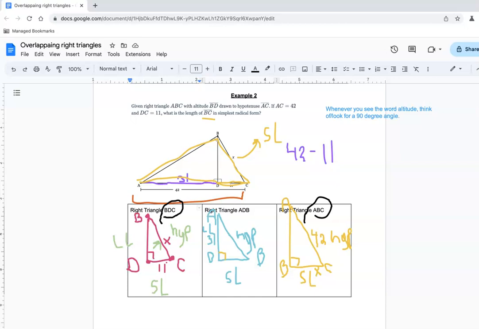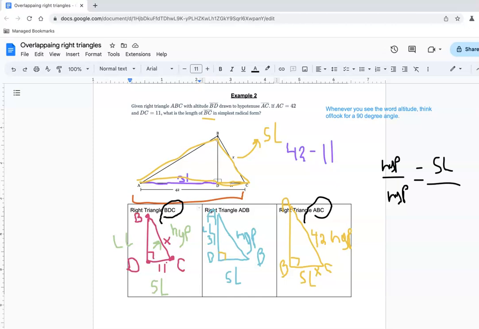So we can easily set something up like this. Hypotenuse over hypotenuse. I'm just making this up. You can create another proportion, but you could do hypotenuse over hypotenuse equal to short leg over short leg.